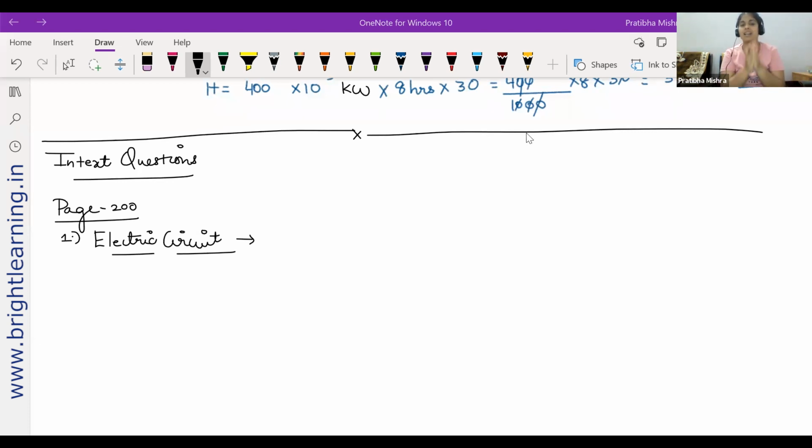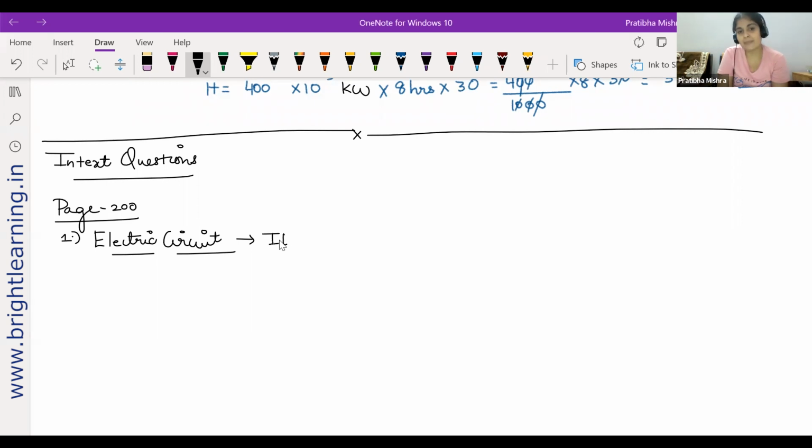As soon as they ask you what is an electric circuit, just think about the circuit diagram of electric flow of the current. Whatever components are required in an electric circuit, those make up the whole electric circuit.